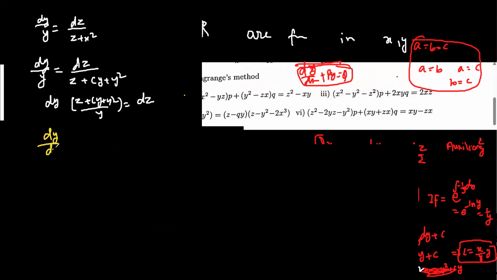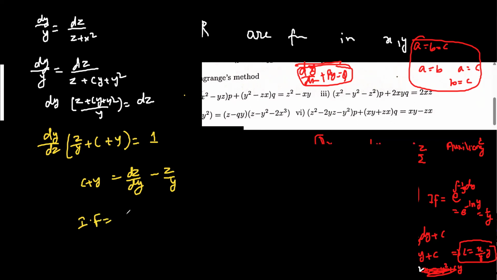So dy by dz minus z by y is equal to c plus y. Find the integrating factor of this. So this is e raised to minus integral of 1 by y dy. IF. What is the complete solution?